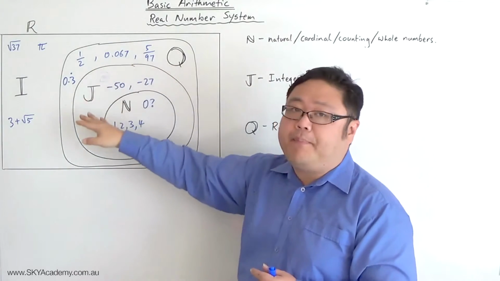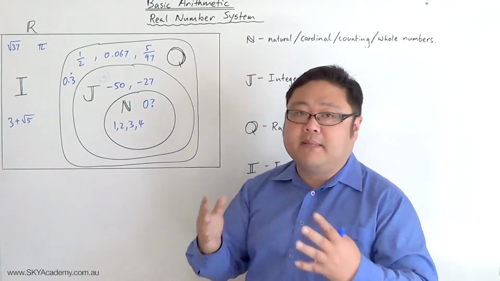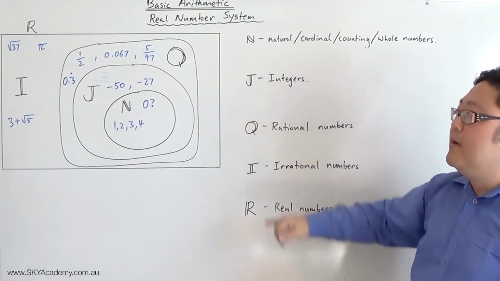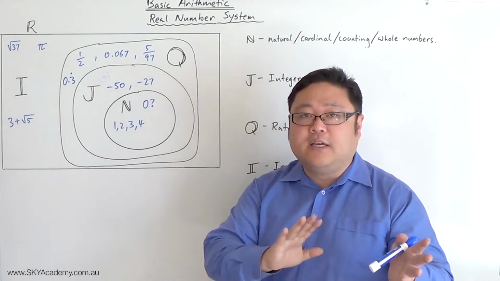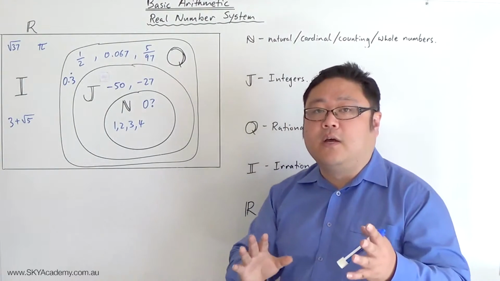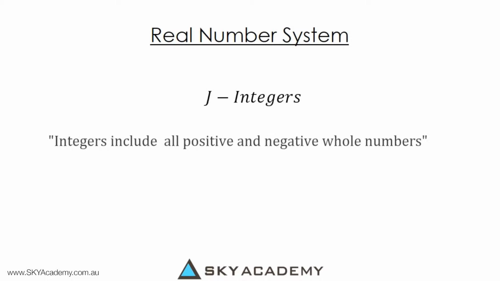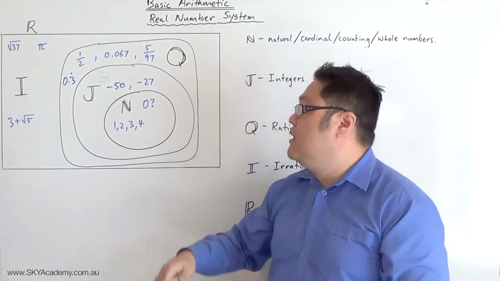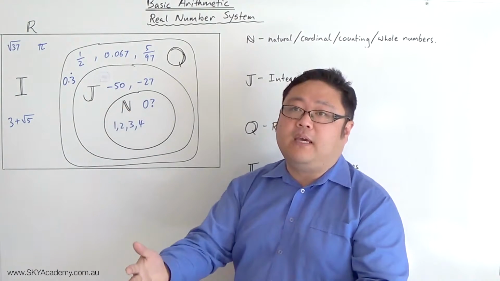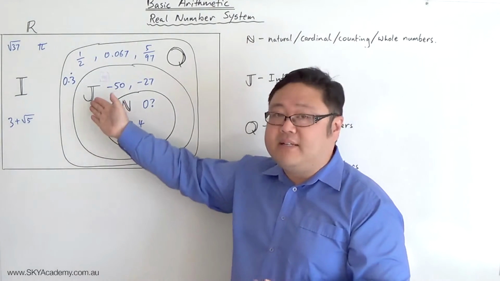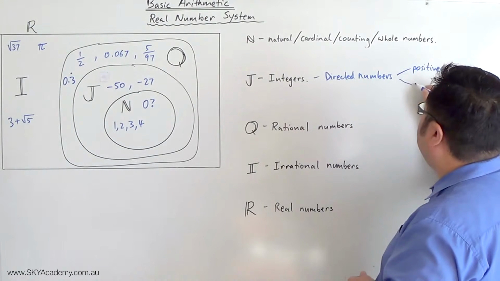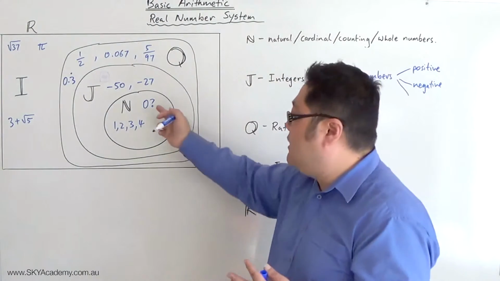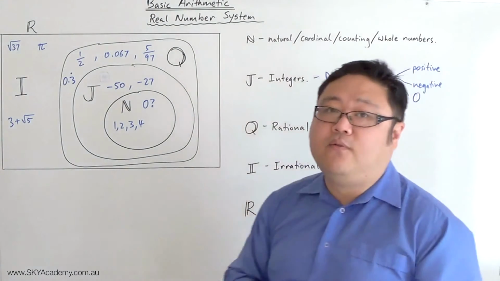The next type of number system is integers. The only difference between counting numbers and integers is that the integers also include the counting numbers in the negative case as well as the positive case. You probably learnt them in junior maths as directed numbers, and they're numbers that are either positive or negative or 0, which is neither positive nor negative.